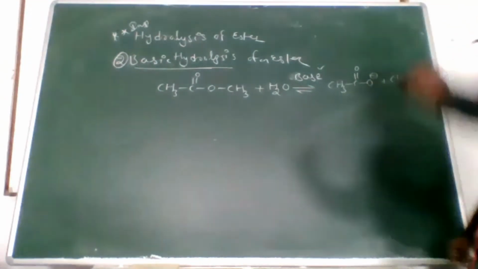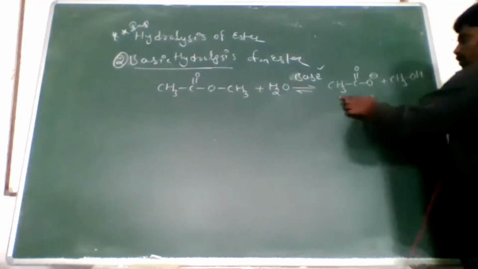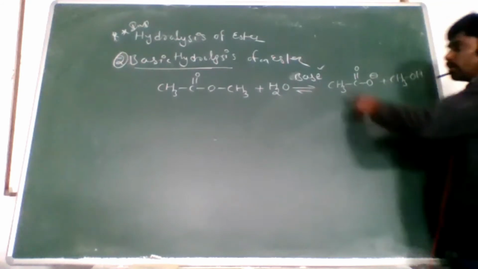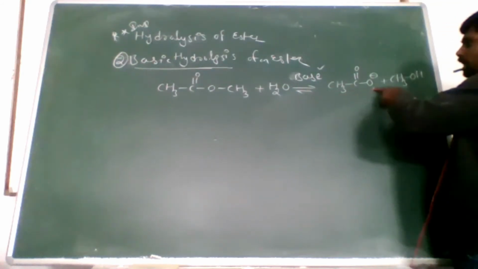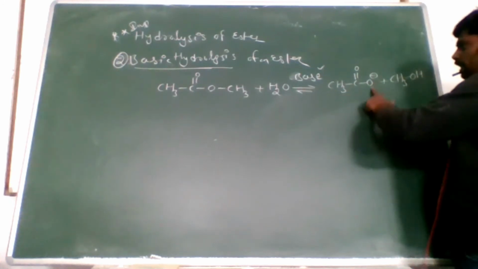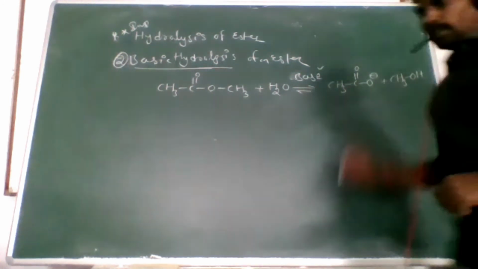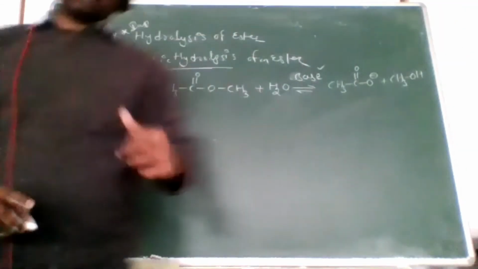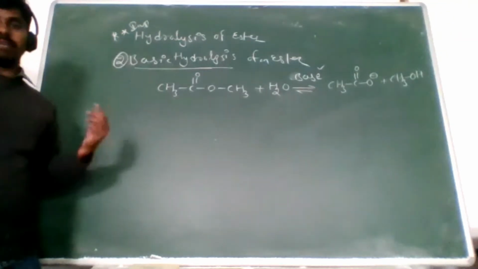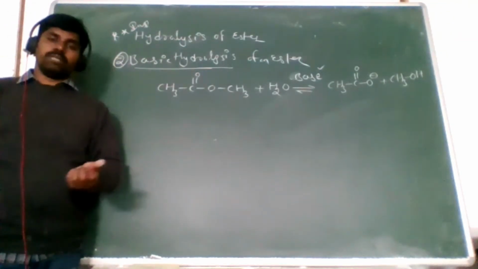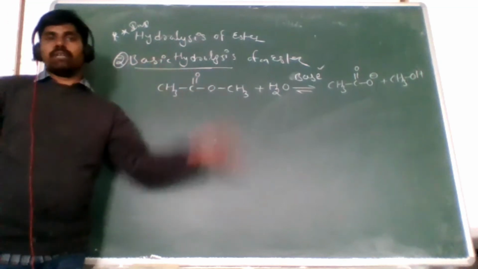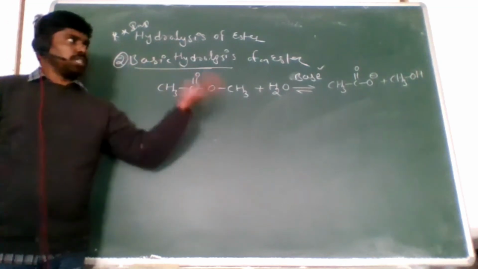In acid conditions, we get a carboxylic acid and an alcohol. But here, in base conditions, we get the carboxylate ion. So that is the difference between acidic and basic conditions. In acidic conditions there are more H plus ions, so CH3COO minus definitely becomes CH3COOH.